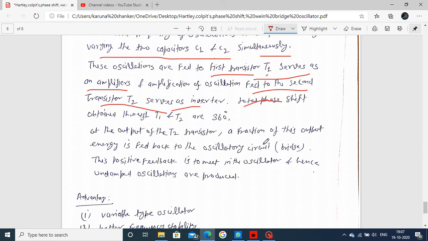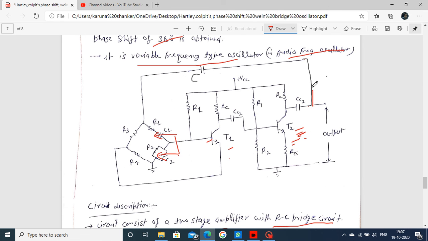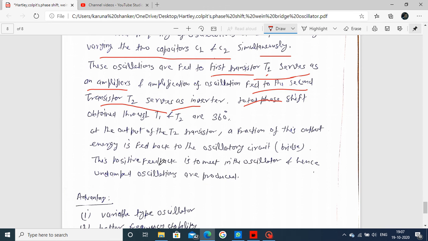At the output of the T2 transistor, a fraction of the output energy is fed back to the oscillatory circuit. Whatever oscillation is produced, there are also losses. These losses are compensated by the output of the T2 transistor being fed back to the oscillatory circuit. By this we generate a sustained oscillation.